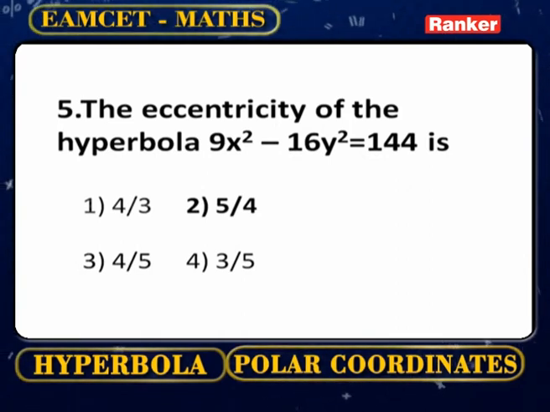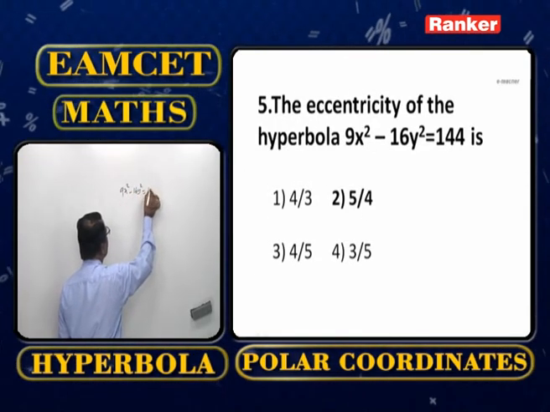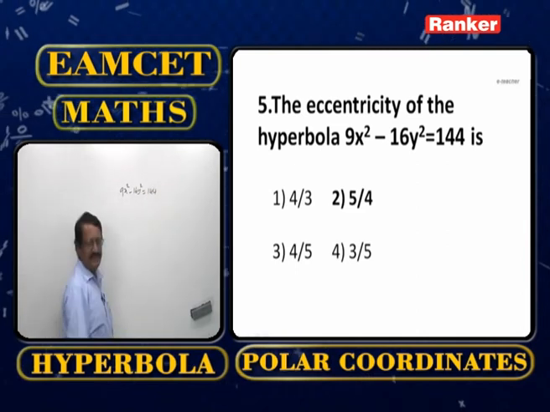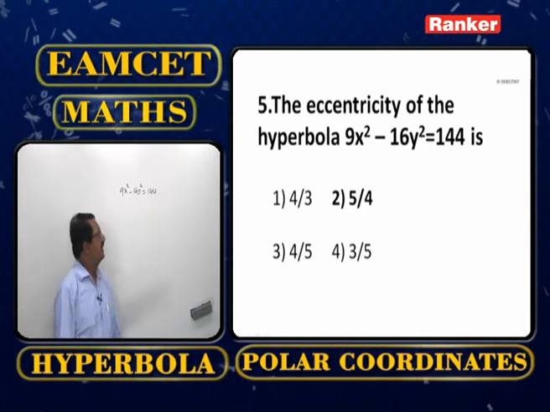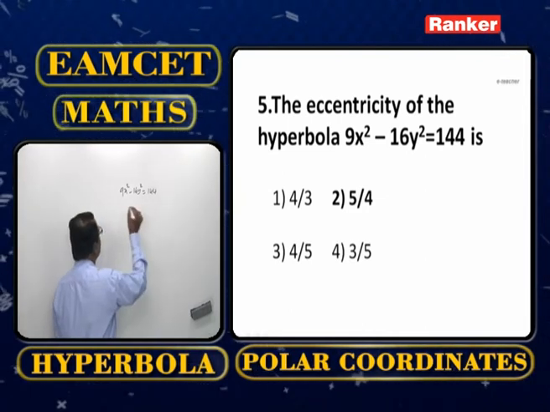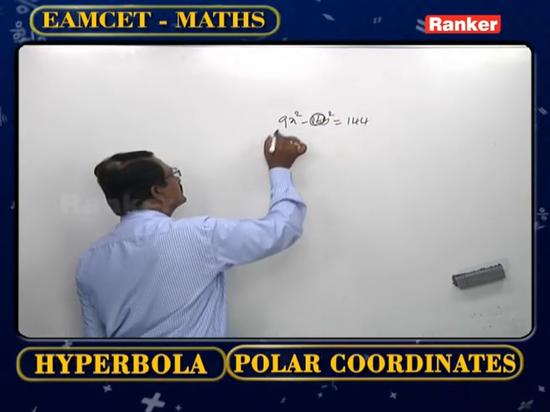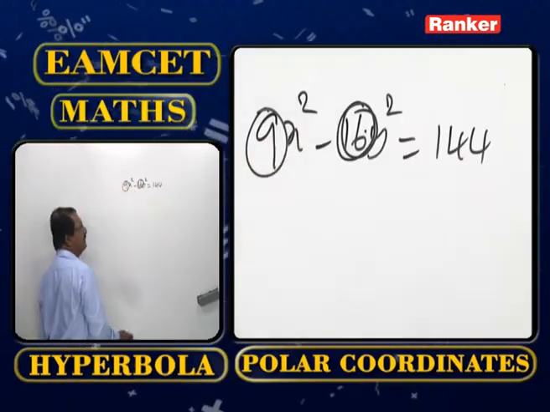Next: the eccentricity of the hyperbola 9x square minus 16y square equals 144. Here, directly take the coefficient of y square as a square and the coefficient of x square as b square.